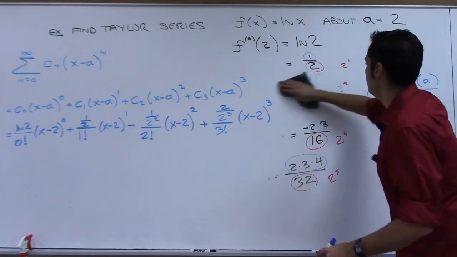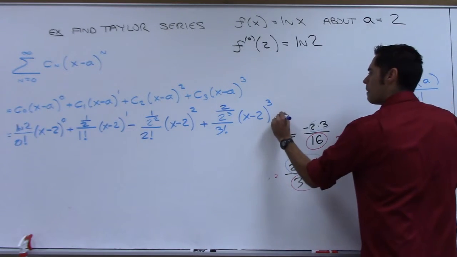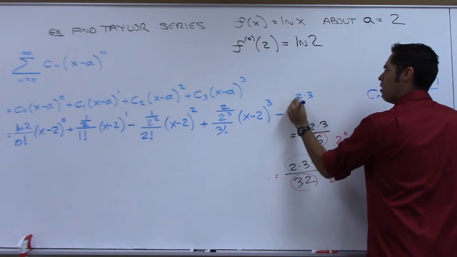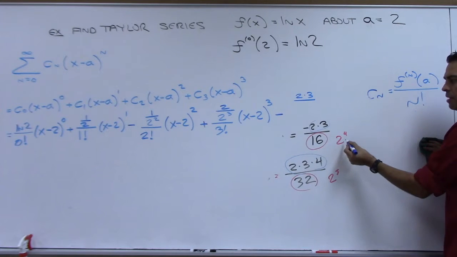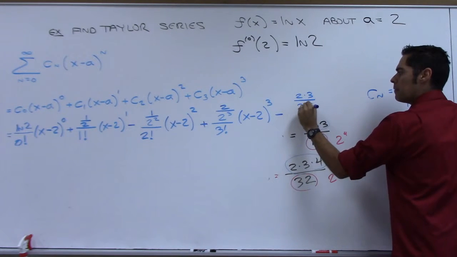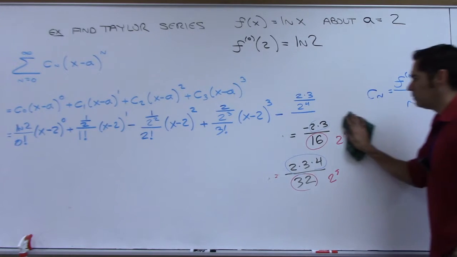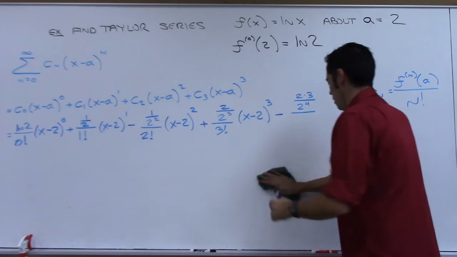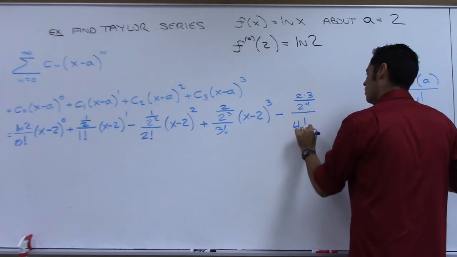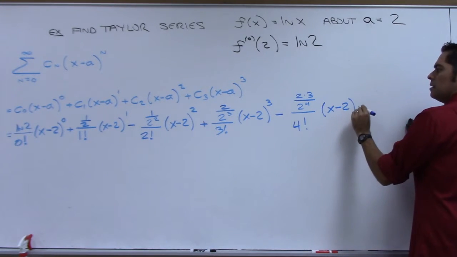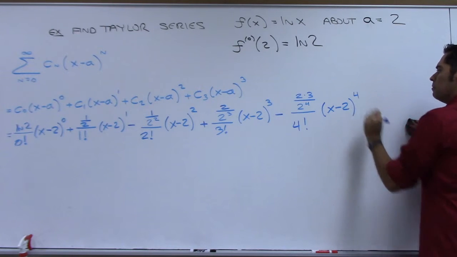So I've got negative 2 times 3 over 16, which I'm writing as 2 to the 4th, over what factorial am I at here? 4. Does this look like a mess? And x minus 2 to the 4th.